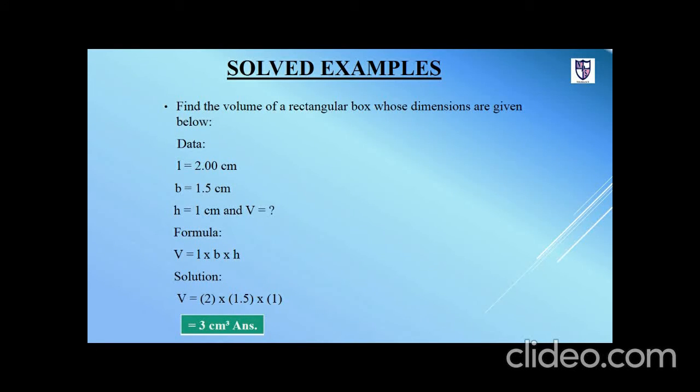Find the volume of a rectangular box whose dimensions are given below. L equal to 2.00 centimeter, B equal to 1.5 centimeter, and H is equal to 1 centimeter.